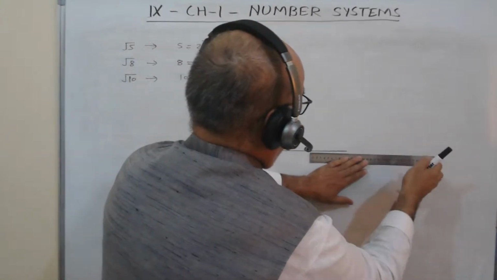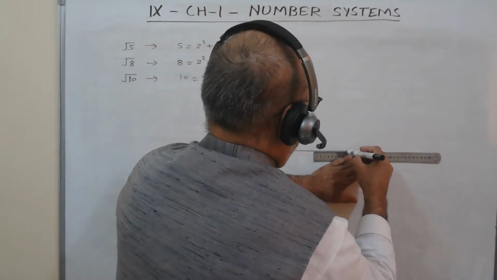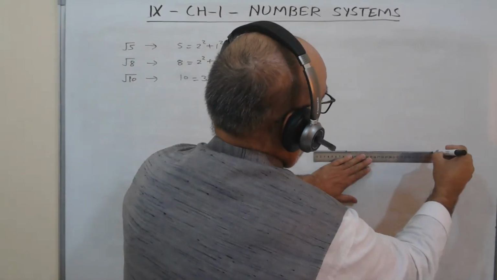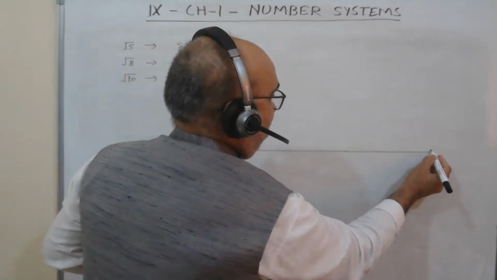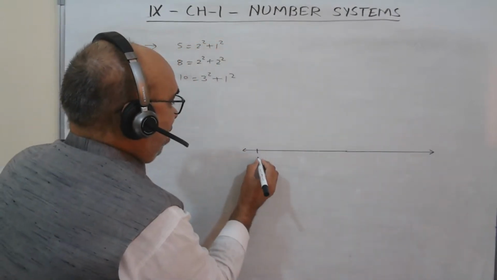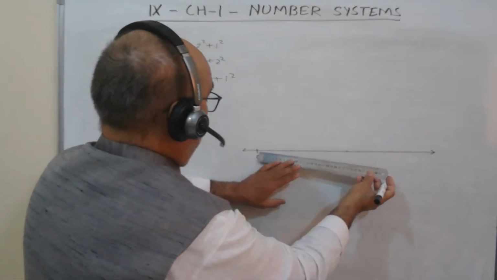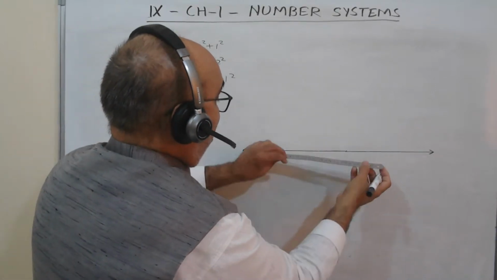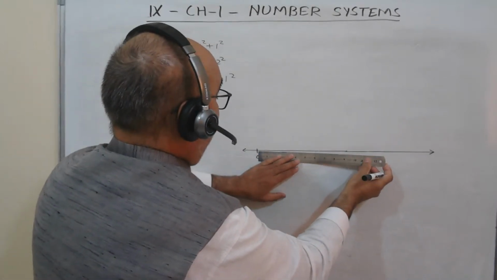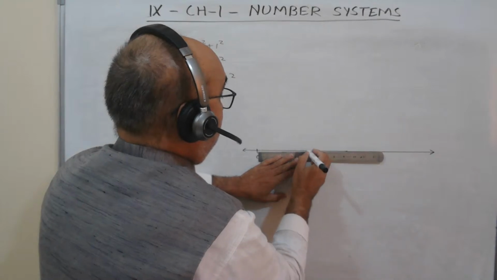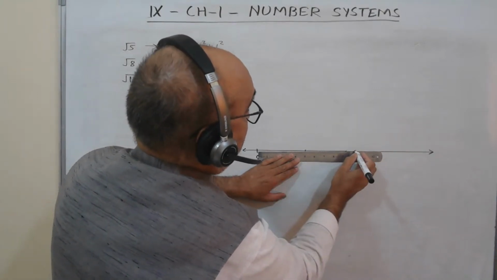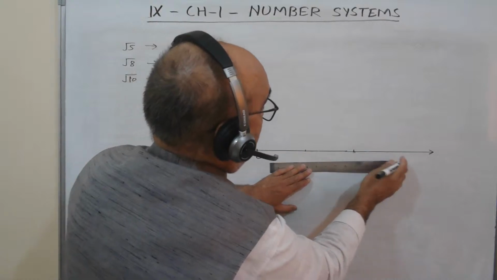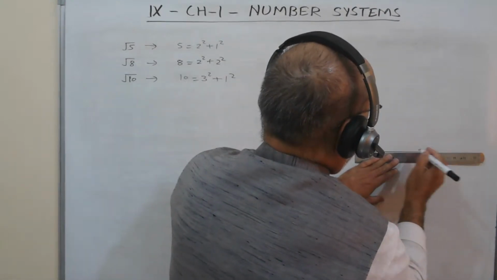So first I will draw a number line, and then locate 0 on the number line. And then at a distance of 2 centimeter, it is 1, it is 2, it is 3.